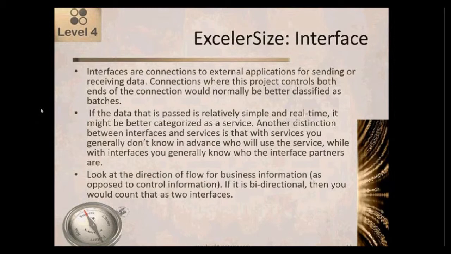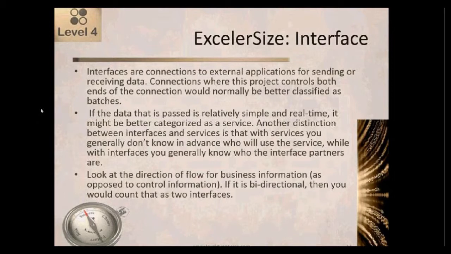Interfaces are connections to external applications for sending or receiving data. Connections where this project controls both ends of the connection are normally better classified as a batch. One of the reasons that interfaces are more work than batches is because you have to coordinate with someone else. If you control both ends of the communication, then you don't need to coordinate with anyone else because it's all within the project.